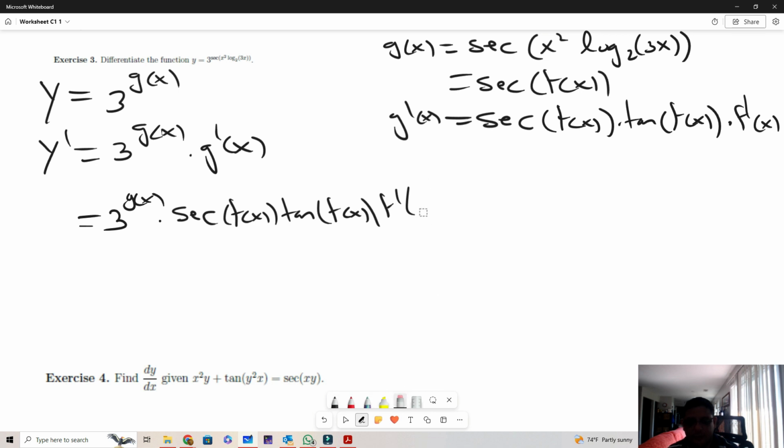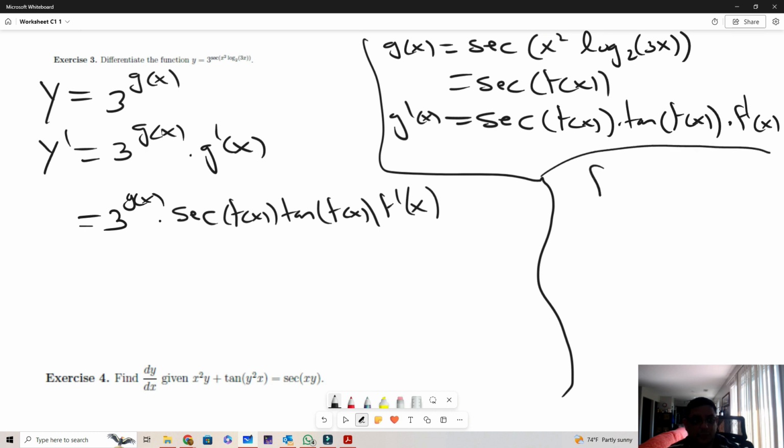But then, of course, now we need to find out who f prime of x is. And so we just got to recall that f of x here is x squared times log base 2 of 3x. This is a product rule.